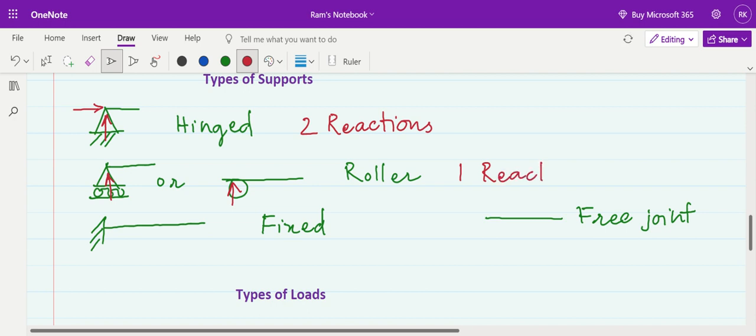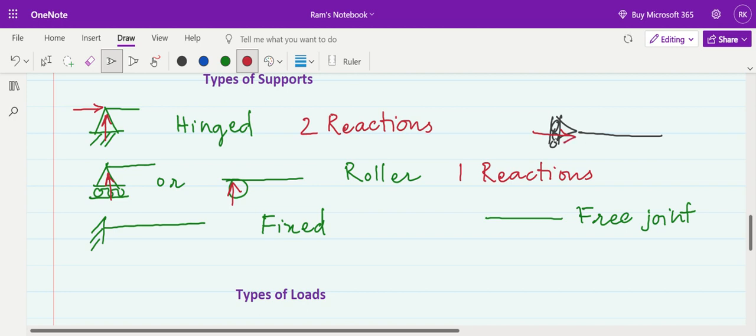It's not necessary that a roller support should always offer a vertical reaction. Let us imagine an inclined roller support or a horizontal roller support. In the analysis of trusses, we will come across a roller support like this. In that case, the reaction will be perpendicular to the roller.